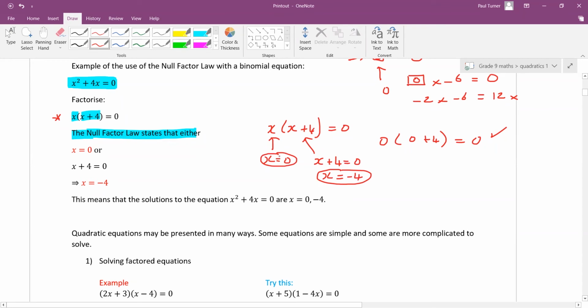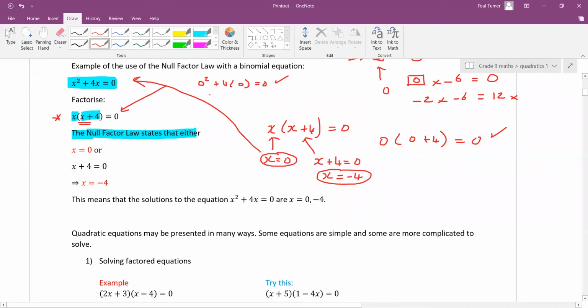If you want to check these are correct, we put them back into your question here or into here, up to you. Doesn't matter which one. So if you put 0 in this first equation, what do you get? 0 squared plus 4 times 0, which is 0, correct, because this equals 0. Or minus 4.